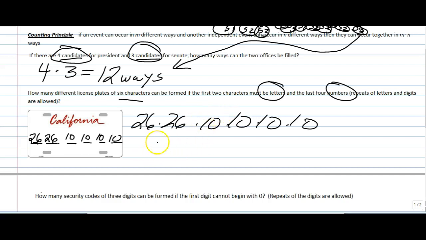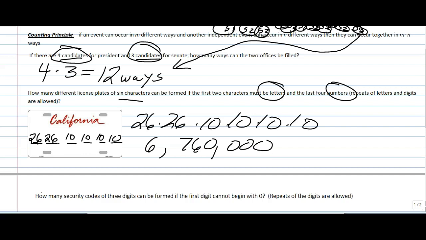So I simply multiply the number of ways that I can fill each of the 6 spaces together, which gives me 6,760,000.